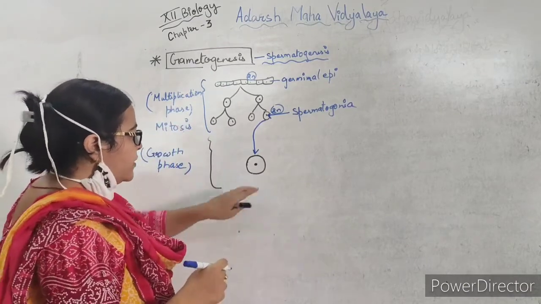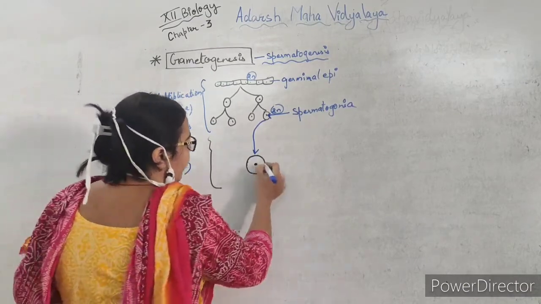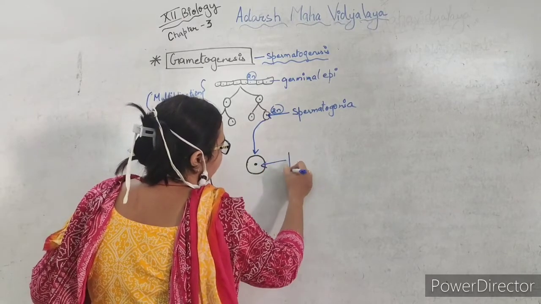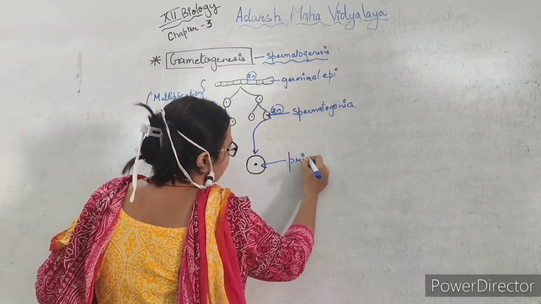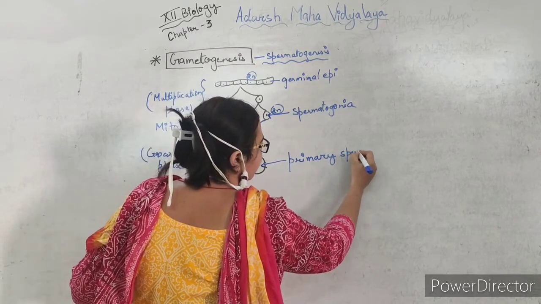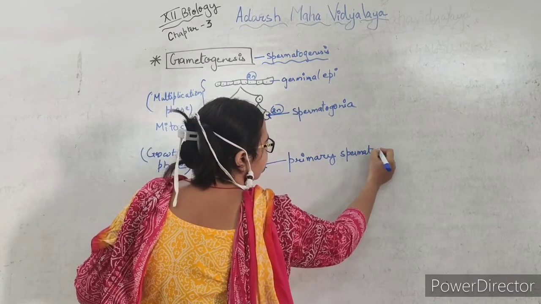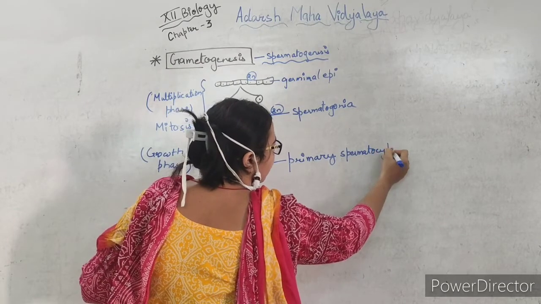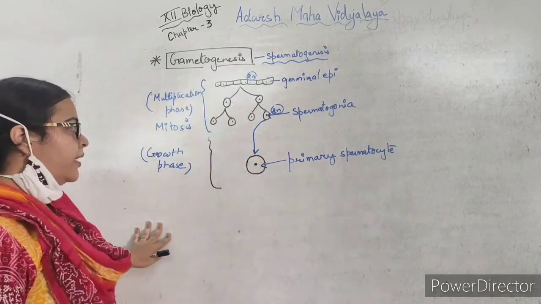Now this cell which is formed here is called primary spermatocyte.